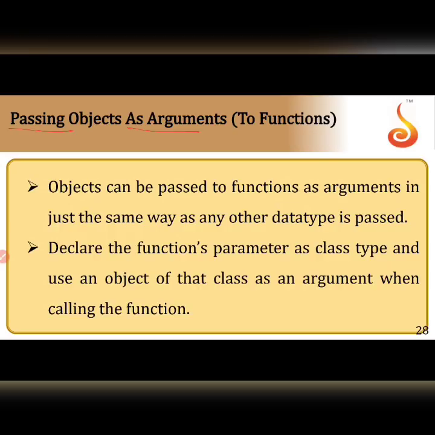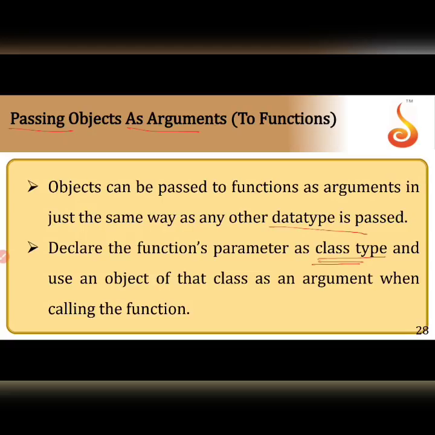Objects can be passed to functions as arguments just the same way as any other data type is passed. So, the syntax remains the same. There is no change. The way you pass any other argument, the same way you can pass an object also. So, what would be the type when I say an object? You should say class type. So, class is a user defined data type.